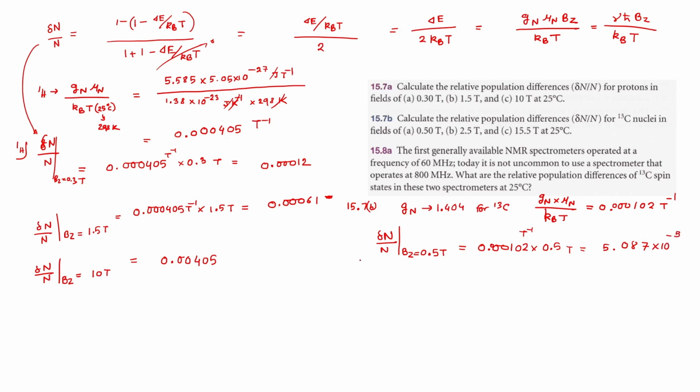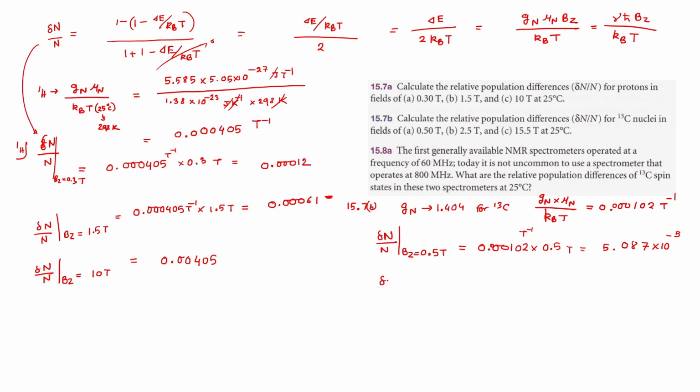See, for this 13C, it is even less. Why is it less? Because the g n value is less, so the delta n by n value is lesser than that of the proton.